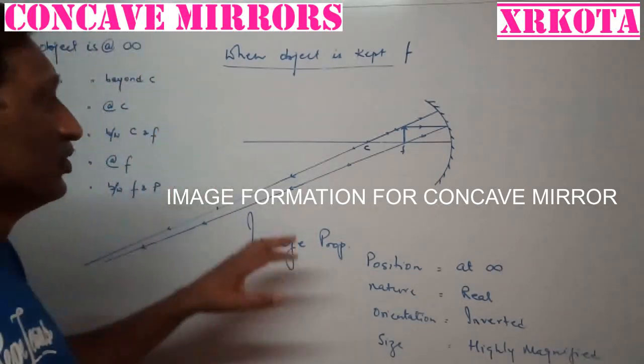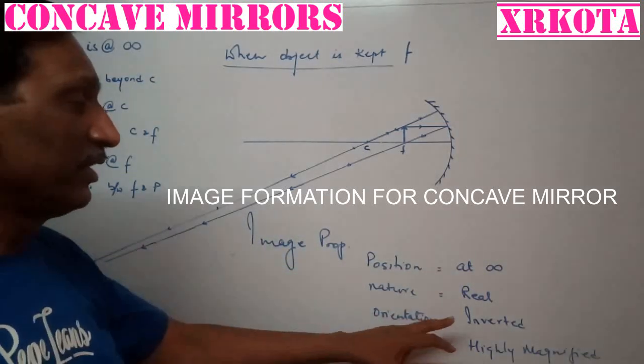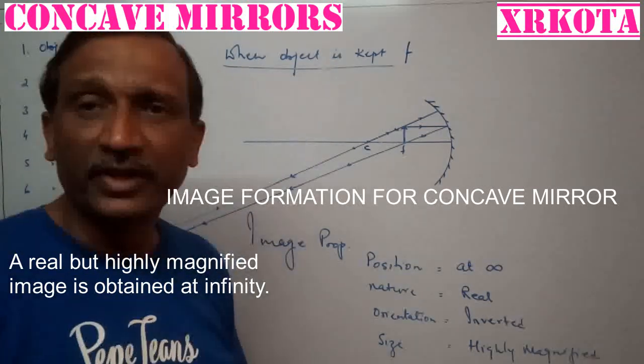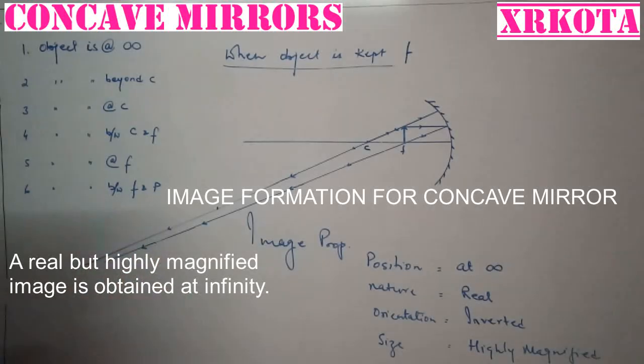Okay, so when the object is kept at F, the image is formed at infinity. It is real, it is inverted, and it is very highly magnified. Okay, next we shall study when the object is kept between F and P.